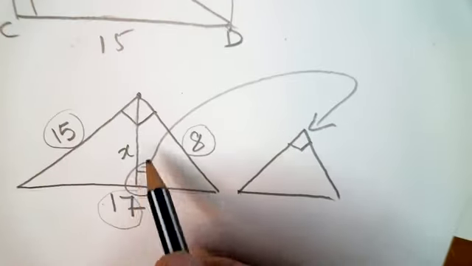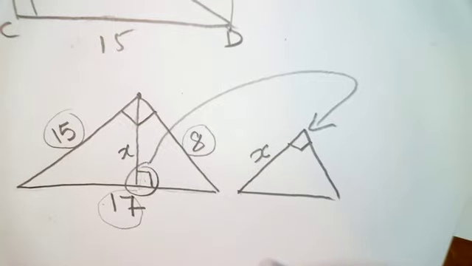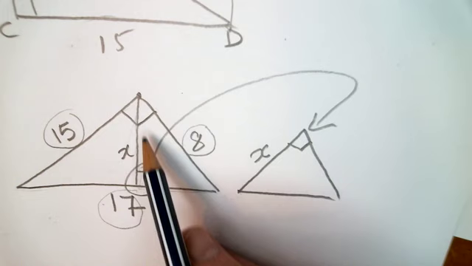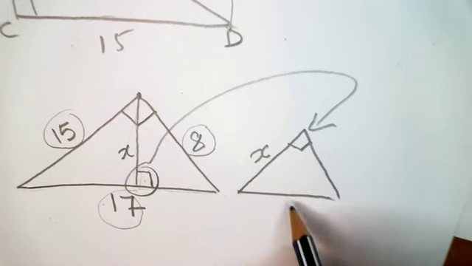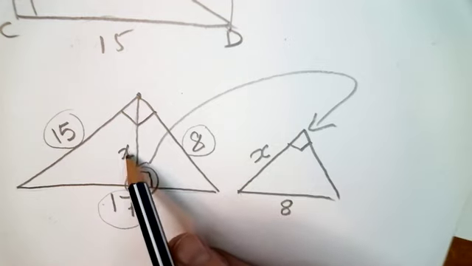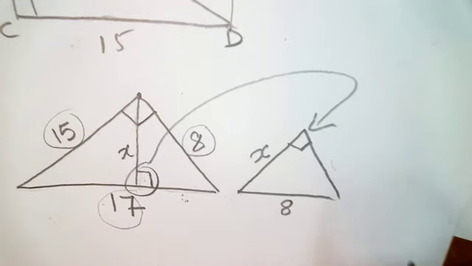So here's x. 8, where is 8 on the little triangle? Well, 8 is the hypotenuse of that little triangle. So now I've got x, the hypotenuse, and this is the shortest side here. We're not interested in that side.